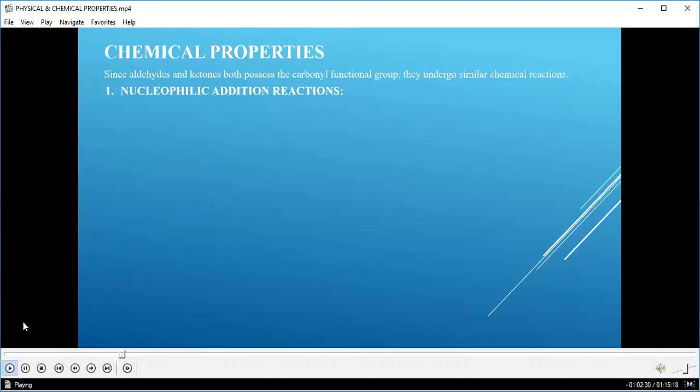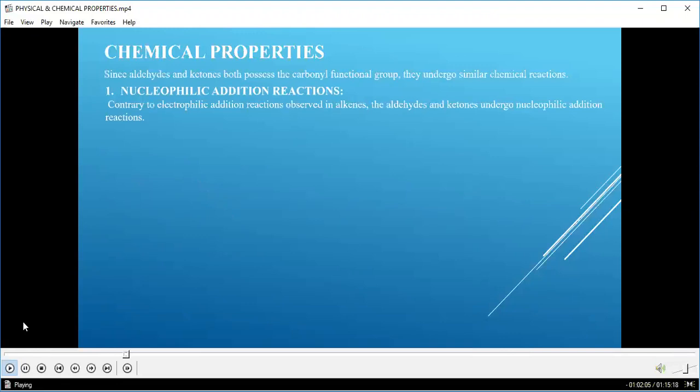Simply, addition reaction means to add something. If a compound possesses pi bonds, it may be a double bond or triple bond. By breaking the double bond or triple bond, a new functional group can be added into it. I hope now you are clear about what nucleophilic addition reactions are.